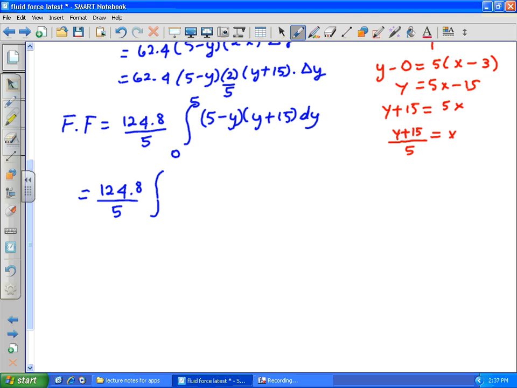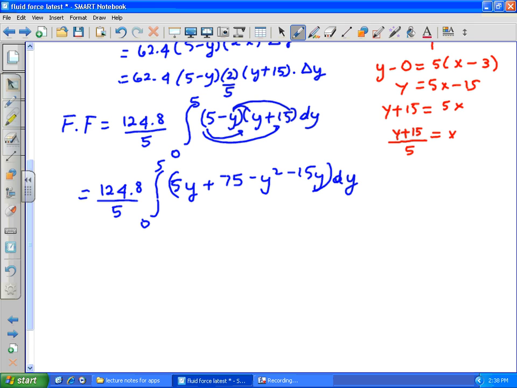So let's see, I have 5 times y, then 5 times 15, then negative y squared, and negative 15y. Same limits of integration, 0 to 5.